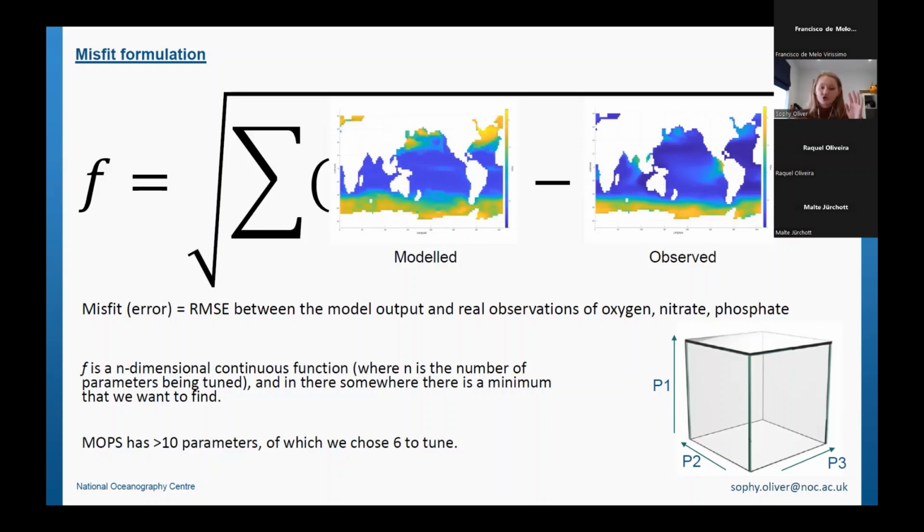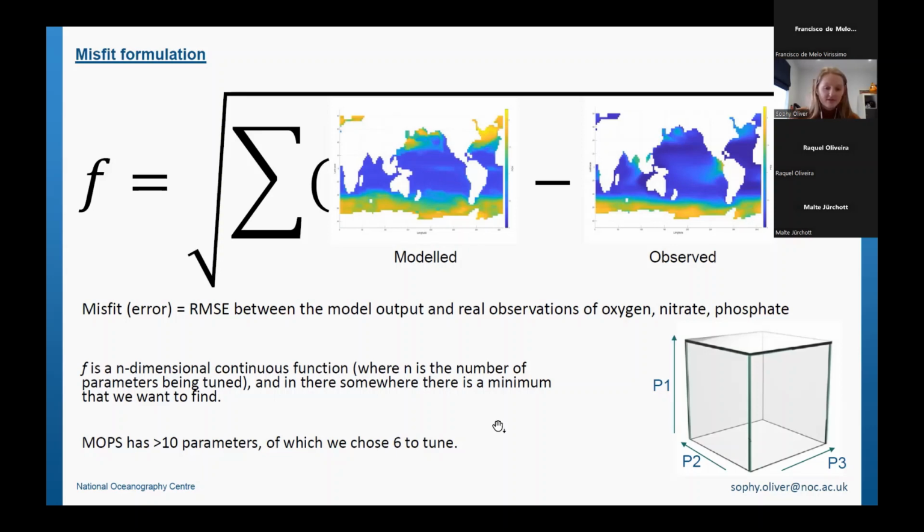So you'll have peaks and troughs in this misfit function. And the peaks are where you have a really bad version of your model. You don't want to use those parameters. And then minimums where you have a good configuration of your model. And it's the best minimum that we want to find, the lowest of lows.